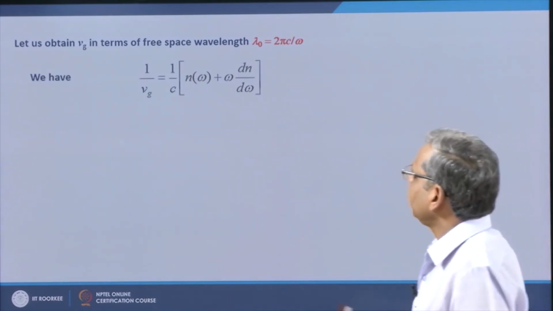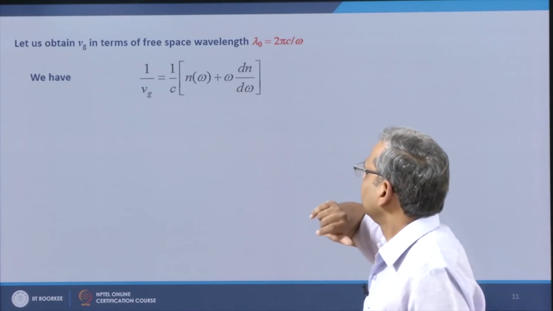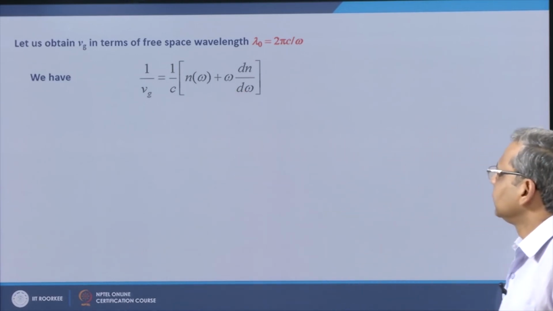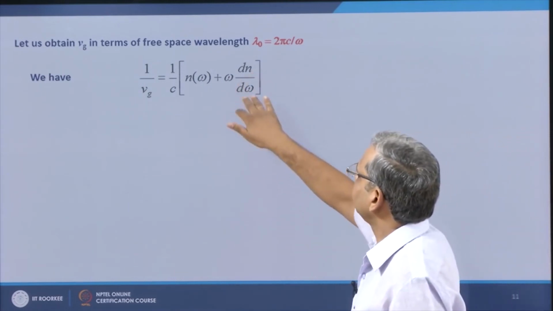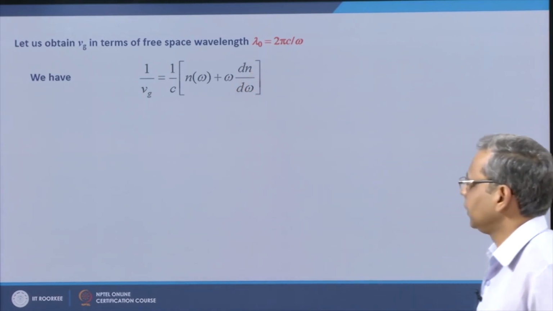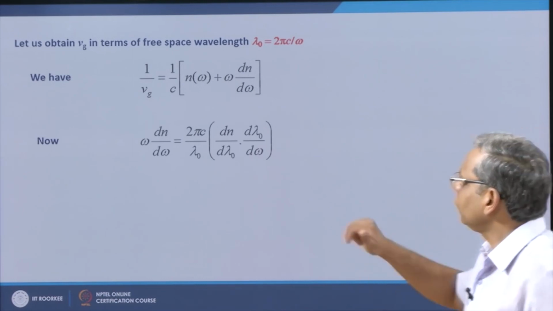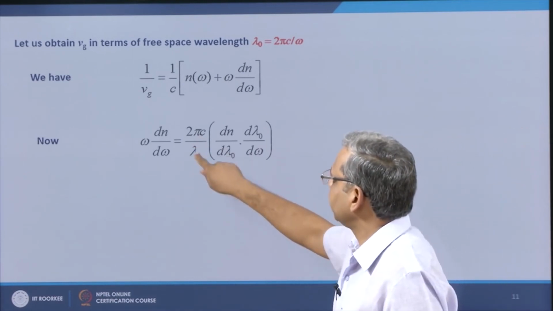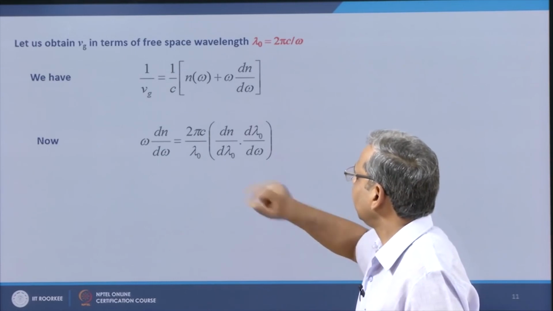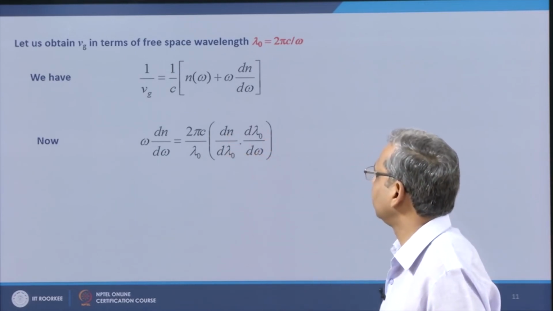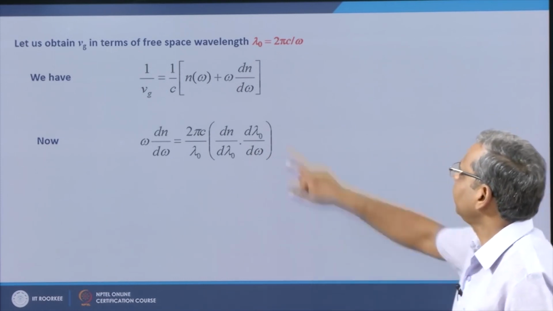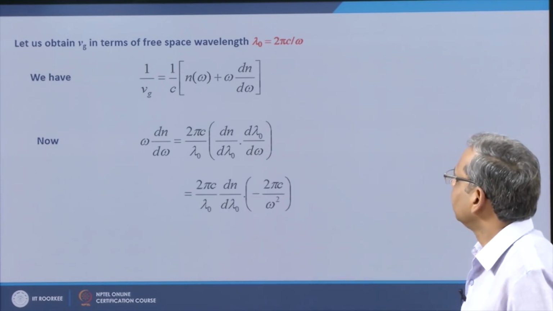Now let me find out this omega times dn over d omega in terms of lambda. So, omega times dn over d omega would be 2 pi c over lambda naught times dn over d lambda naught times d lambda naught over d omega, and lambda naught is given by this.